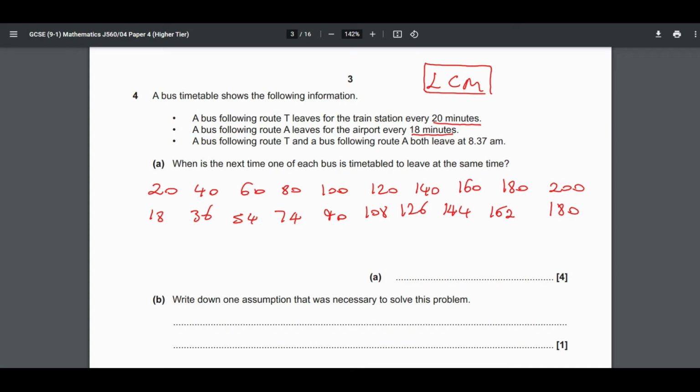Okay, funny enough, the first number that you see in both 20 times tables and 18 times tables is 180. So 180 minutes is what we need to add onto 8:37 a.m. Okay, so that's one way of looking at it.